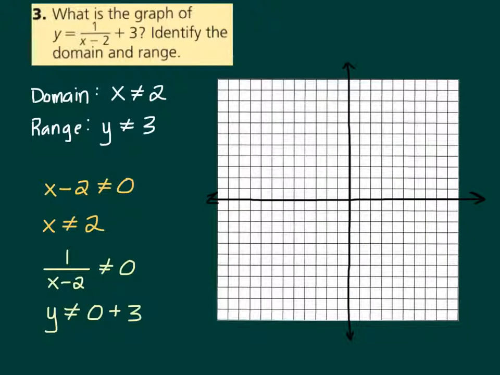So my asymptotes in the graph, which I want to mark as dashed lines, x will not be 2. And for the scale of this one, we'll just say each box is 1. Make it easy. So that vertical asymptote, x is 2. And then my horizontal asymptote will be at 3.